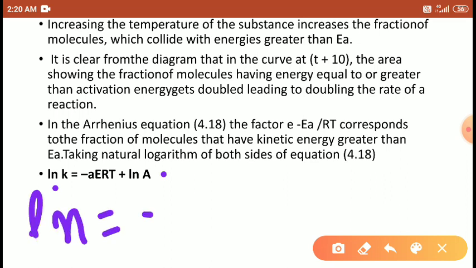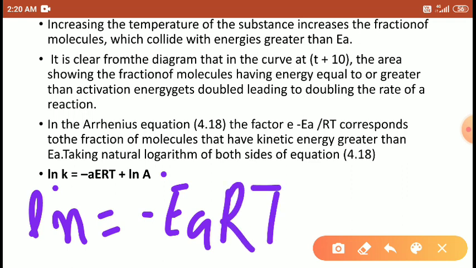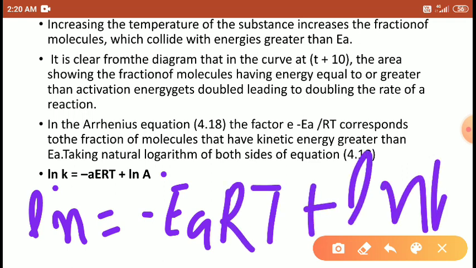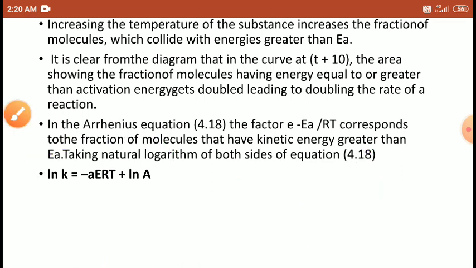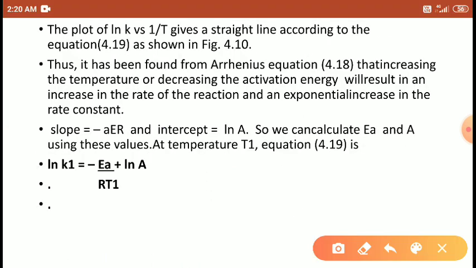Please make the correction, sorry for the mistake. So here he plots the graph between ln k versus 1 by T, a straight line according to equation 4.19.